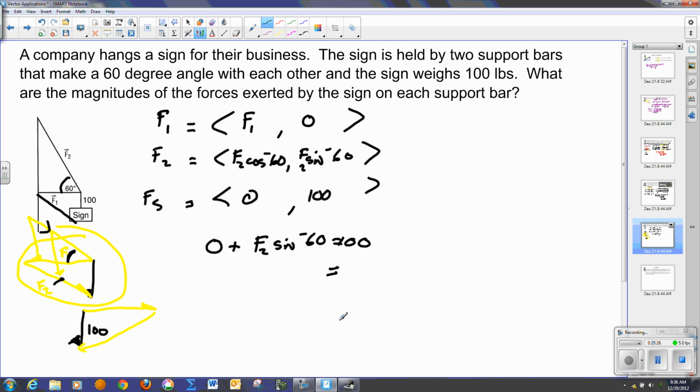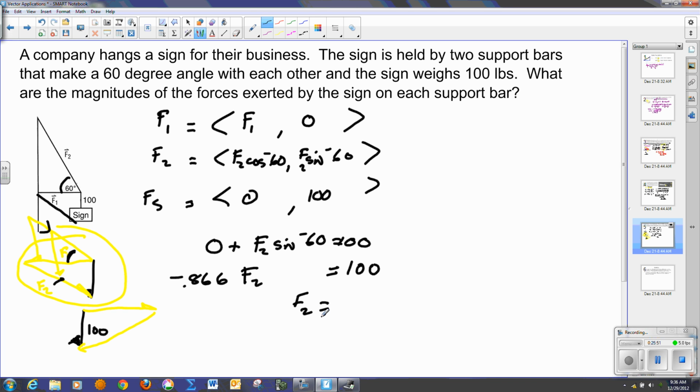Sine of negative 60 is roughly negative 0.866.